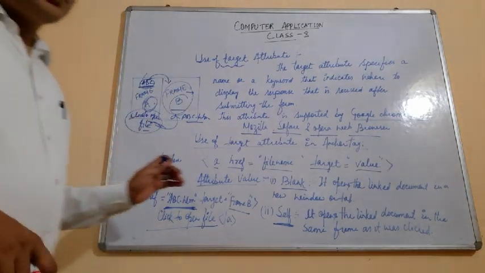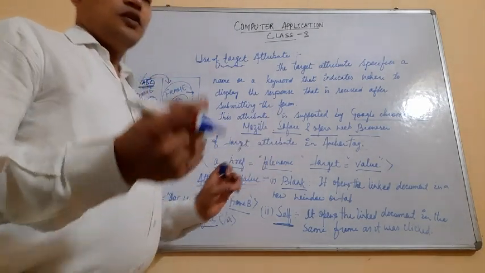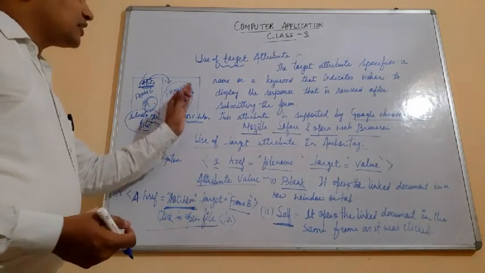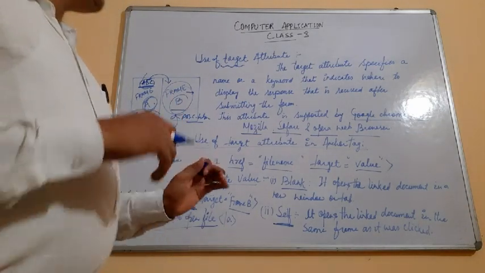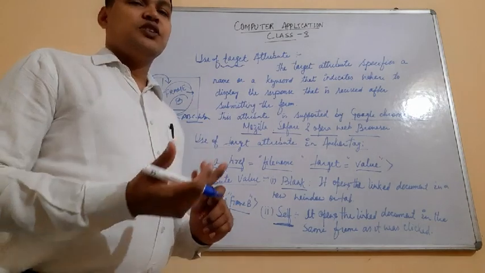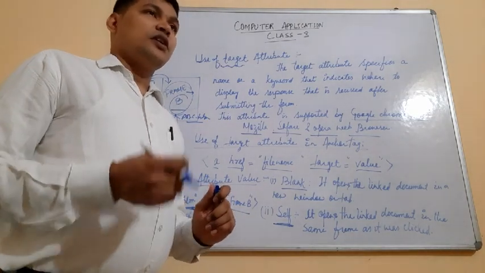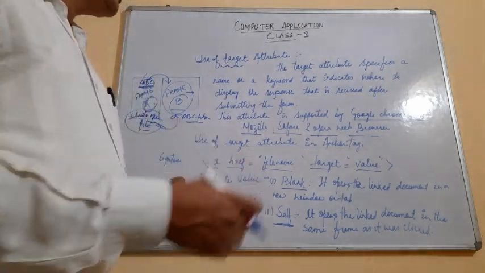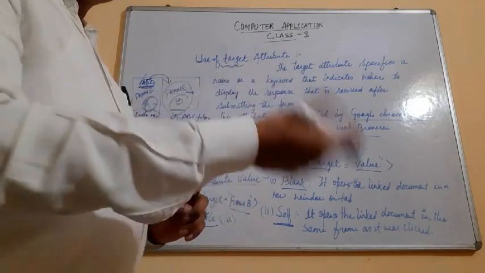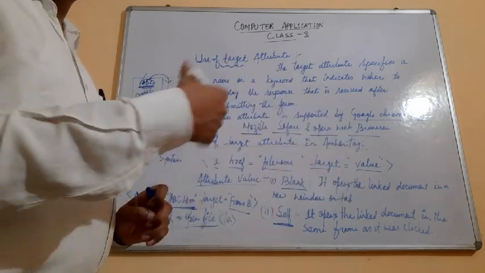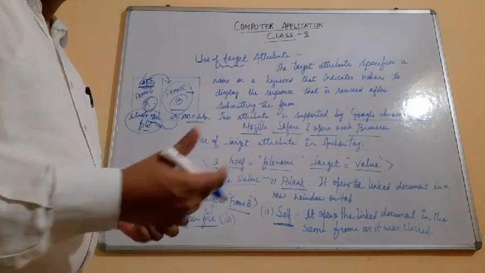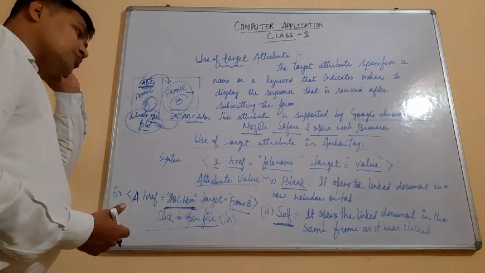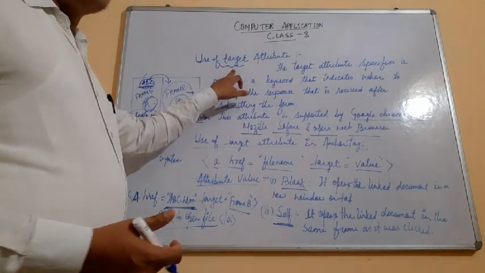Students, once again I'm just repeating these things. I'll take 1 minute. The target attribute is used to define, when the user responds on any link or any form after submitting the form, where the particular form will appear, where the particular link will open. That is to be defined with the help of target.